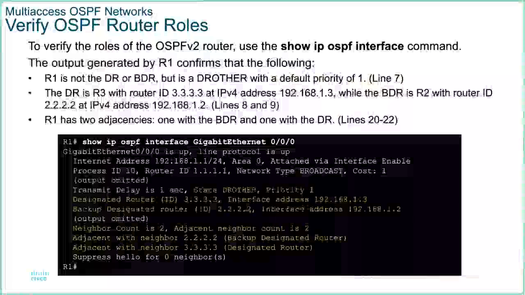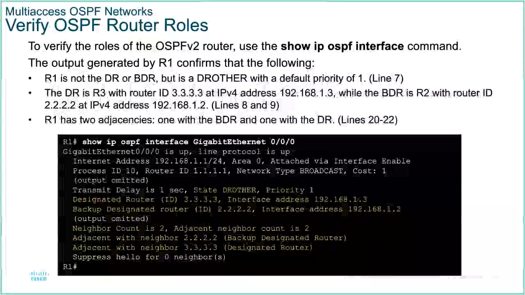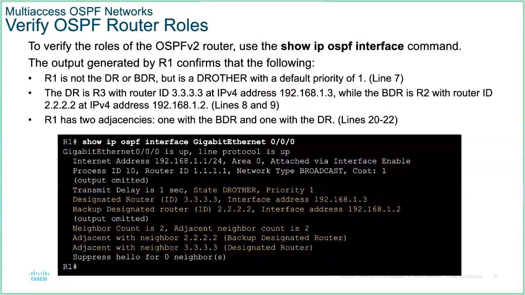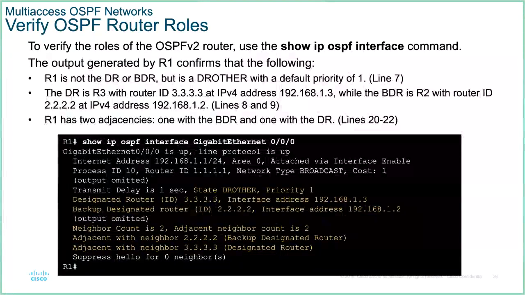So how do we confirm that the election process has occurred? With the show IP OSPF interface, as we looked at earlier, we'll see that it will tell us who the designated router is, who the backup designated router is, and it'll also then tell us who our immediately adjacent neighbors are.